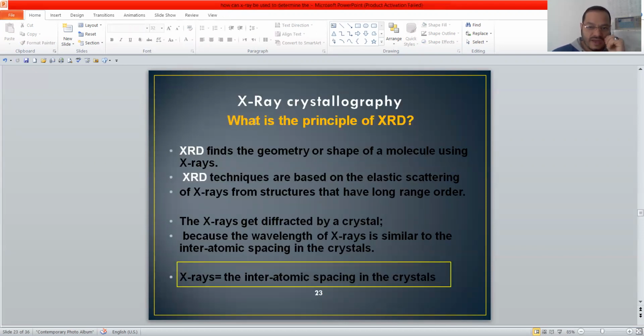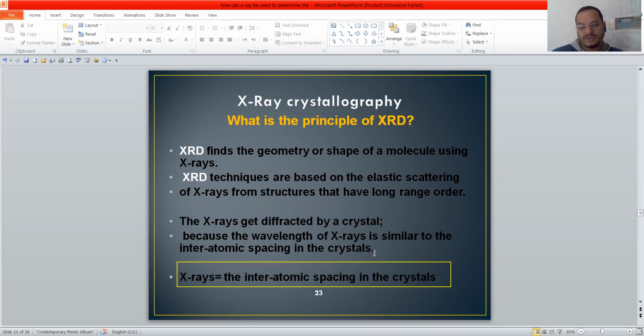What is the principle of XRD? X-ray diffraction finds the geometry or shape of molecules using X-rays. X-ray diffraction techniques are based on the elastic scattering, like I said before, of X-rays from structures that have long-range order. The X-ray gets diffracted by a crystal because the wavelength of X-rays is similar to the interatomic spacing in the crystal.